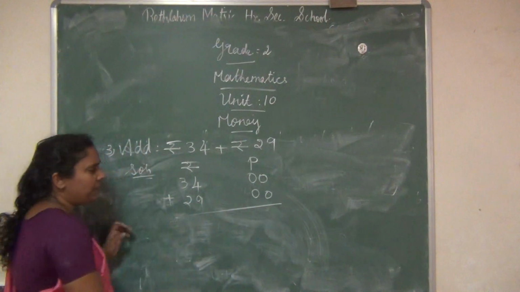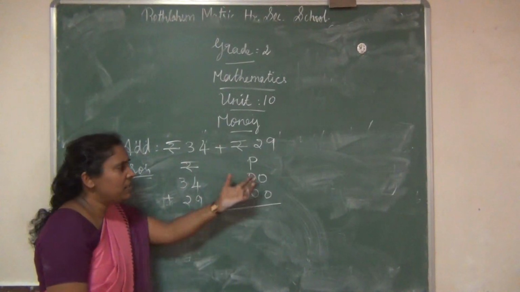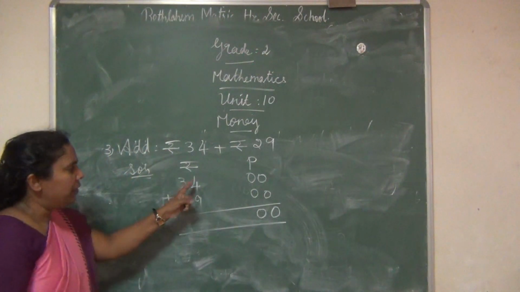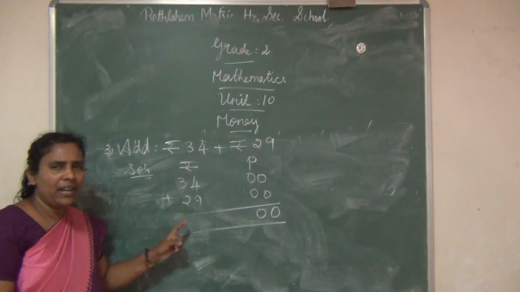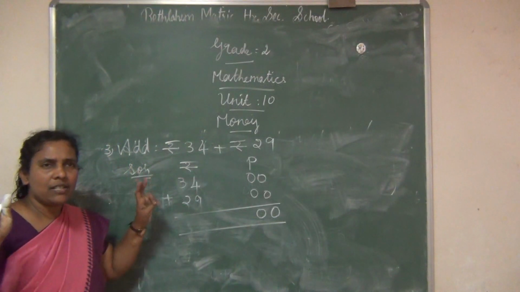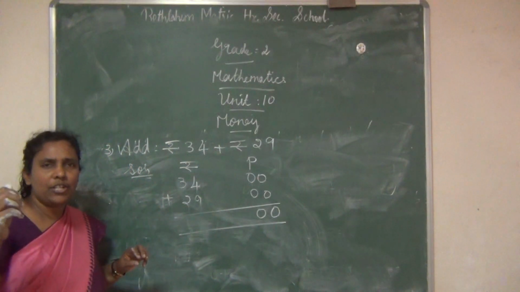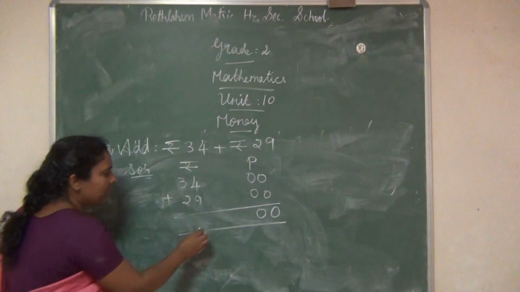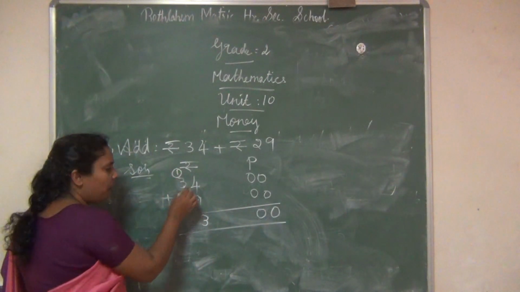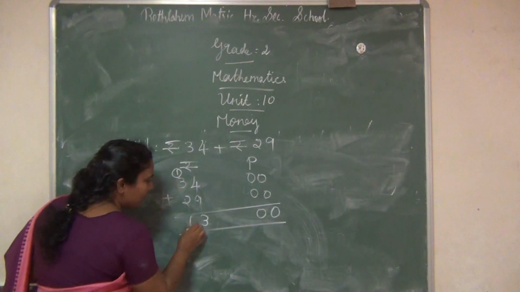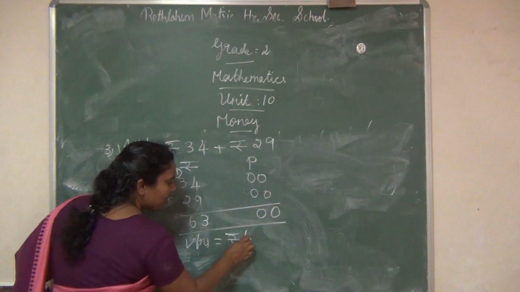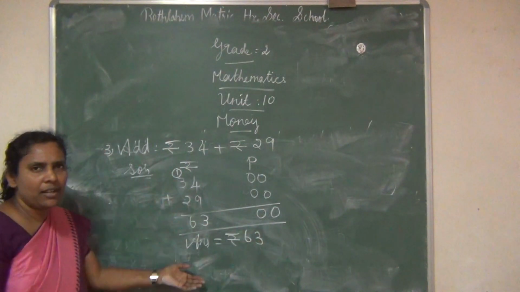Here we want to add. When you are adding 0 plus 0 means we will get 0. Next, when you are adding 4 plus 9, we will get 4 in mind. Take 9 fingers. 4 after 5, 6, 7, 8, 9, 10, 11, 12, 13. See it? Balance 1. Right here 1 plus 3, 4. 4 plus 2, 6. See, so what is the answer? Answer is rupees 63. Did you understand?